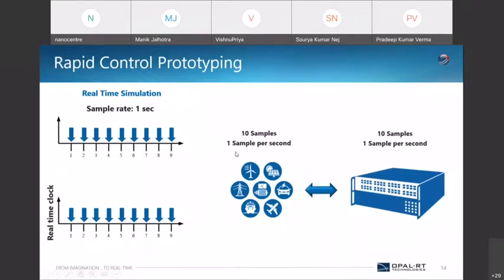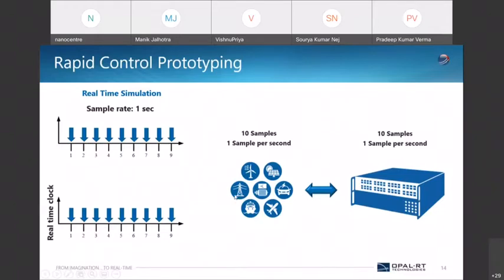And since our real plant is already working at 1 sample per second, when we look at the samples being generated by our simulator, we'll be able to see that the rate at which the real-time simulator sends the data is in synchronization with the real data being collected from the physical side.